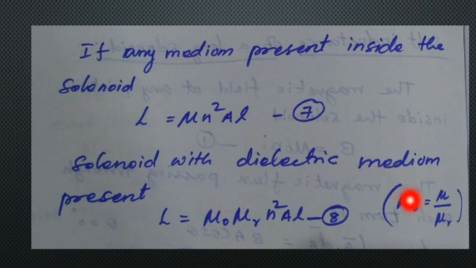With the help of the relation mu equals mu naught into mu r, instead of mu I am substituting mu r into mu naught. Therefore L is equal to mu naught mu r n square A into L. Mu r is nothing but relative permeability. So this is the self-inductance of a long solenoid.